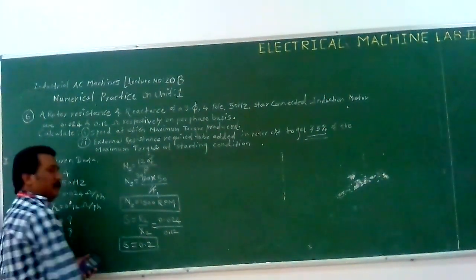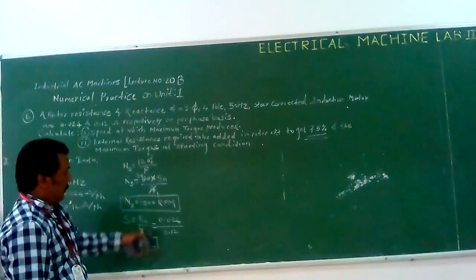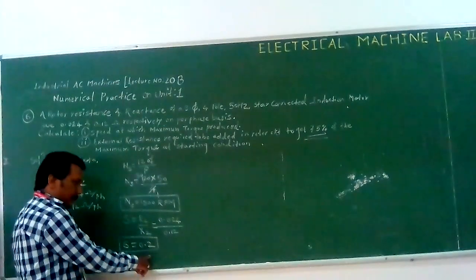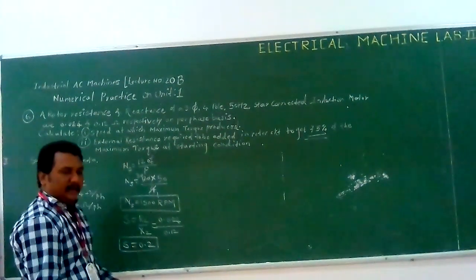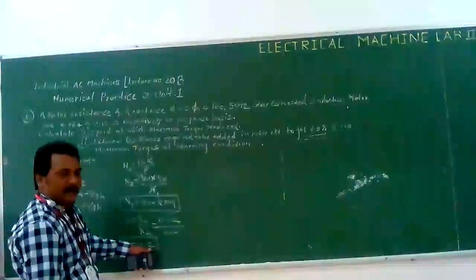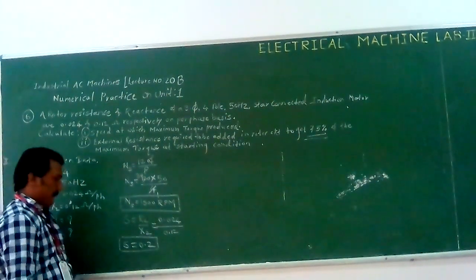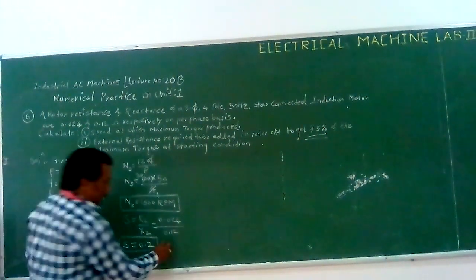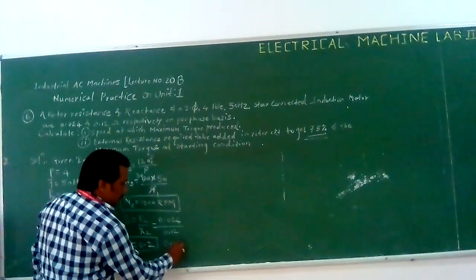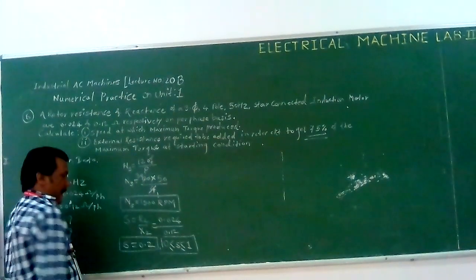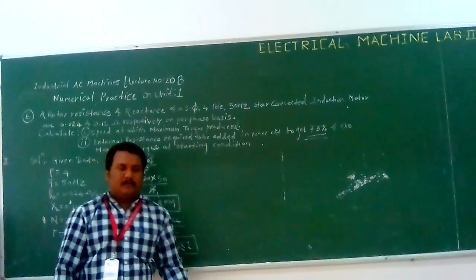It is the value of slip corresponding to the starting instant, and it is not in percentage. We may write it as a percentage by multiplying by 100, and it would be 20. But fractional slip is always between 0 and 1.